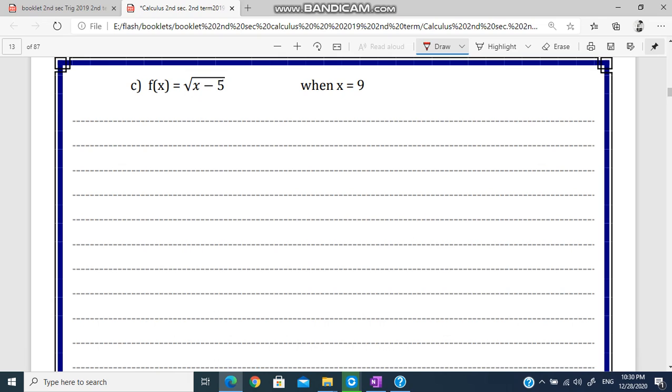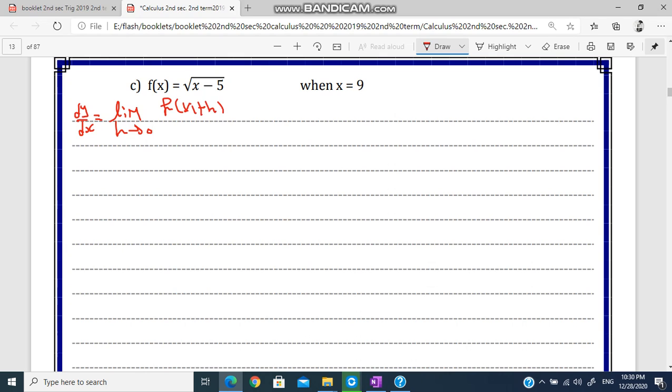The next one: f of x equals root of (x minus 5) when x equals 9. So dy by dx equals the limit as h approaches 0 of f of x1 plus h minus f of x1 all over h.